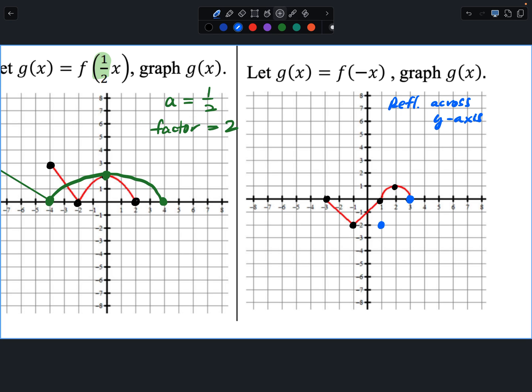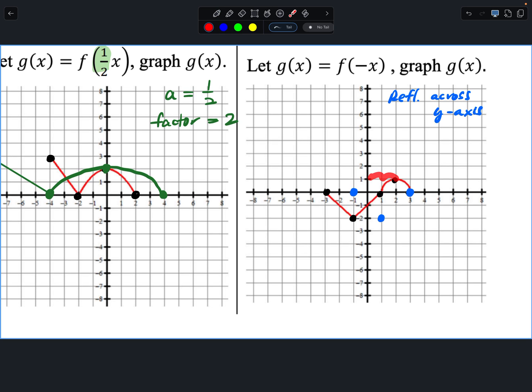Okay. So I'm following my graph. The next point would be this point right here. So it's 1 unit away. So if I reflect it across, it's going to be 1 unit away over here. 2 units away. So the new point will be right here. 3 units away. So if I reflect it across, it's going to be over here. So this one actually looks kind of cool.